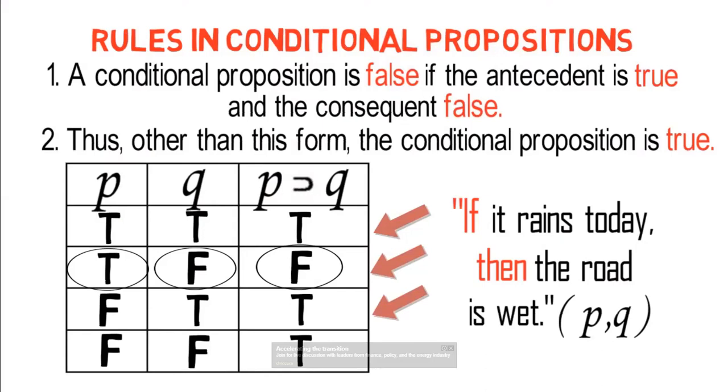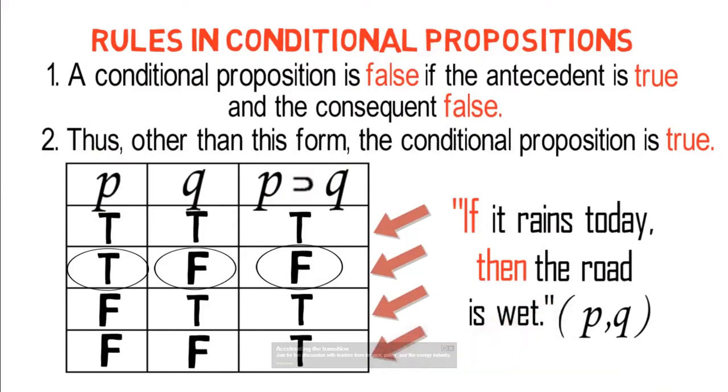And this is because if it is false that it rains today, in other words, it does not rain today, it does not necessarily follow that the road is dry. Because even if it does not rain, the road may still be wet. Because, for example, a fire truck passes by and spills water on the road.